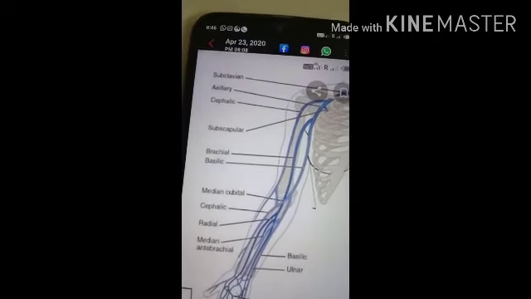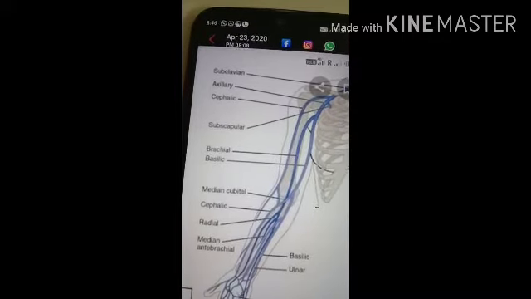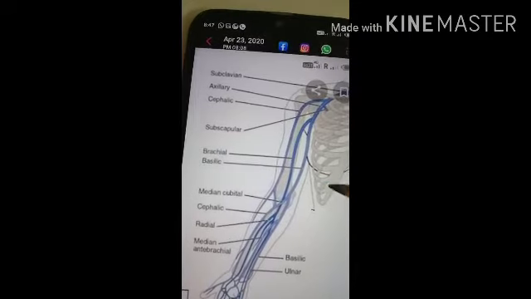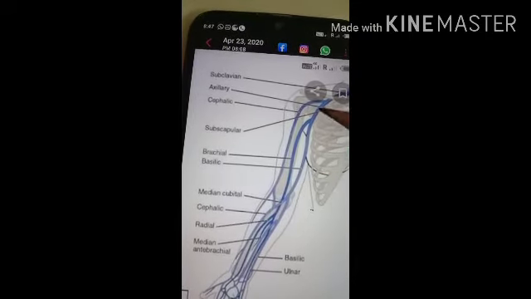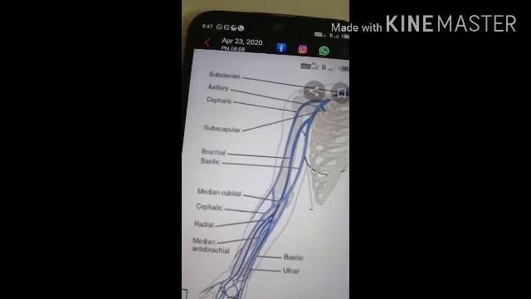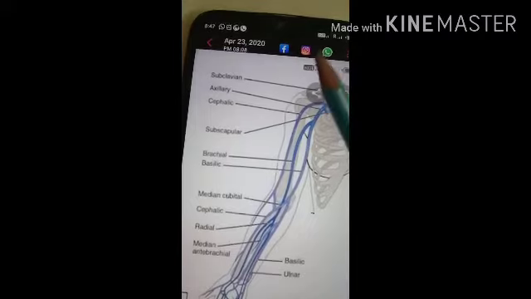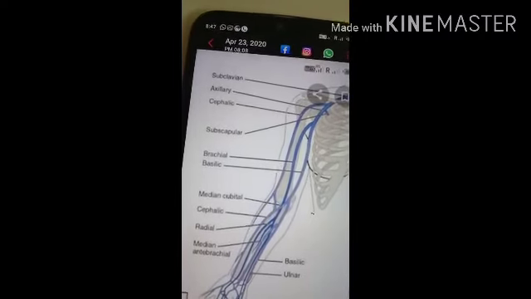After that we should see the axillary vein. So this one. The axillary vein begins as the continuation of the basilic vein. Here you can see the basilic vein, and it is the continuation of the basilic vein at the lower border of the teres major muscle, and it runs through the axilla.